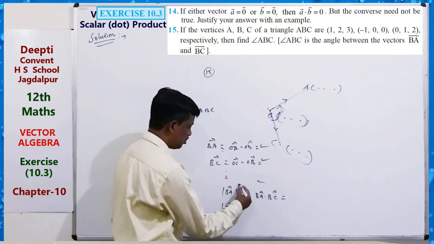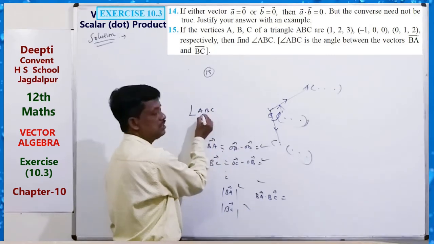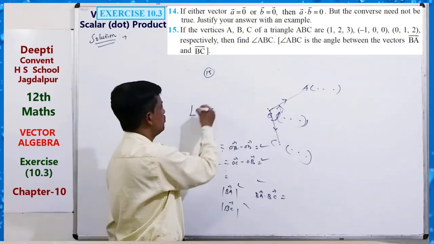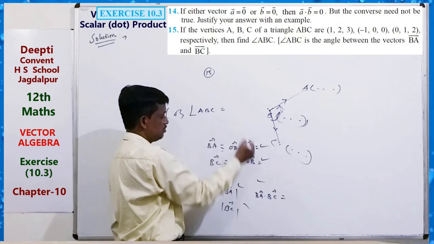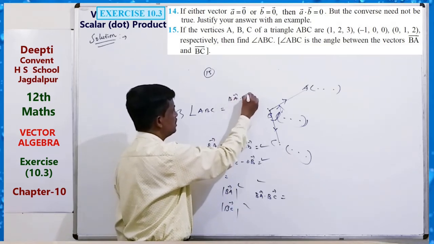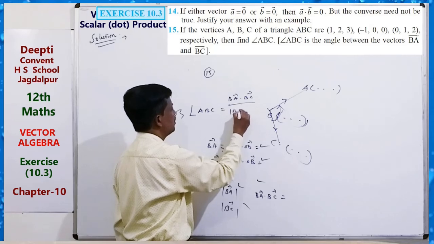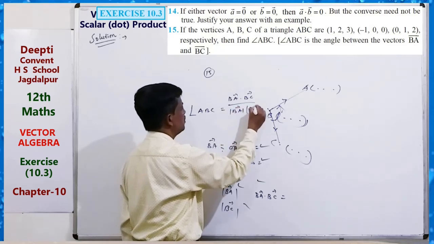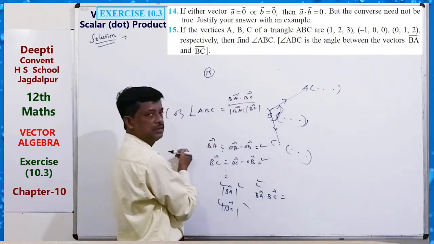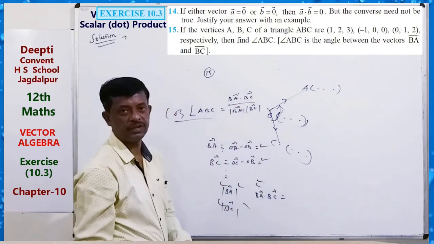So just use the formula. If this angle is theta, then cos theta equals BA dot BC upon mod BA and mod BC. Use this to get cos ABC. That is question 15.